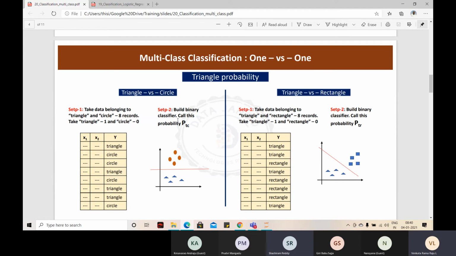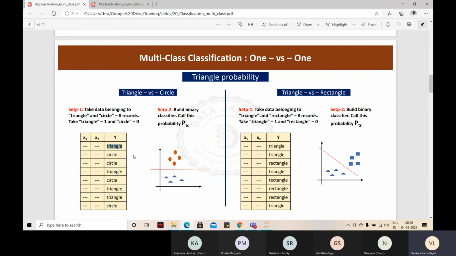No, one minus, that's the point. When I am building triangle versus circle, while converting y, I will be giving triangle 1 and circle 0, and building a model. If I try to predict now, if it gives a probability greater than 0.5, that is saying the record belongs to triangle.